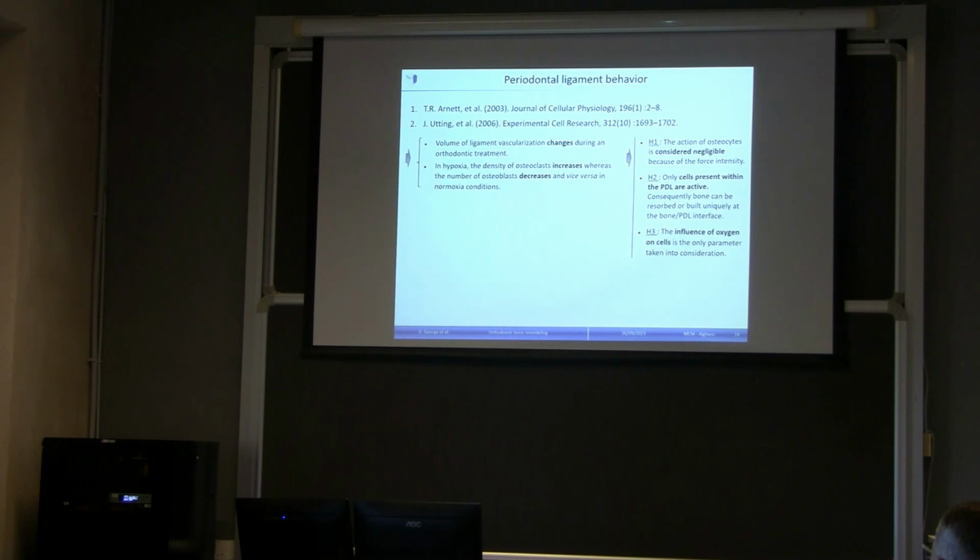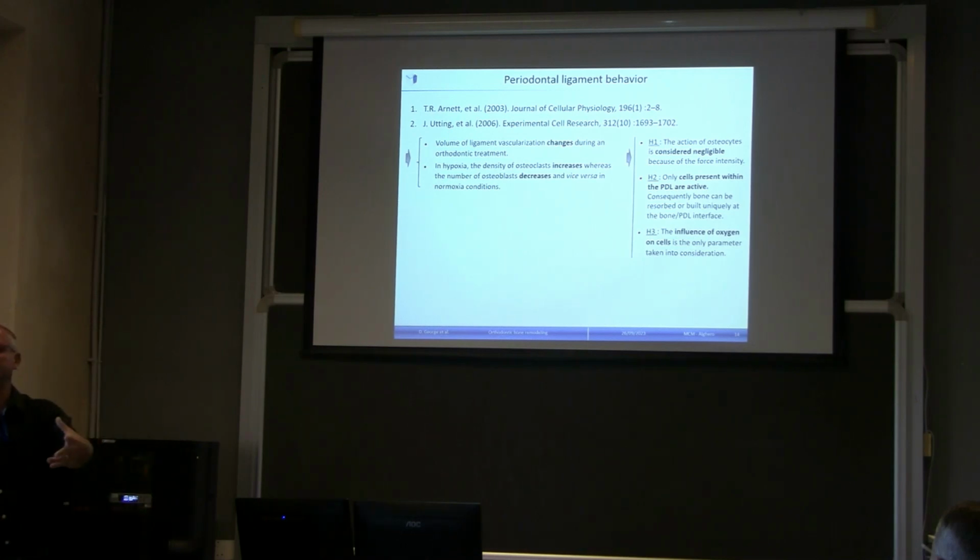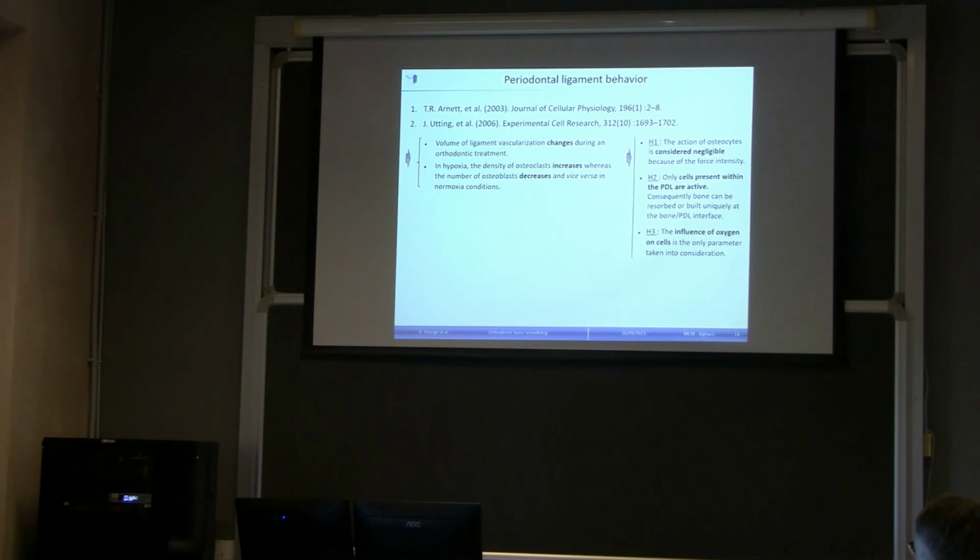Second hypothesis, only cells present within the PDL are active, because that's where we have the deformation, and this is where we're interested in, which means that the bone remodeling will be mainly at the bone PDL interface. And third hypothesis, the influence of oxygen on cells is the only parameter taken into consideration in this study, which may not be true, but at least we have some information.